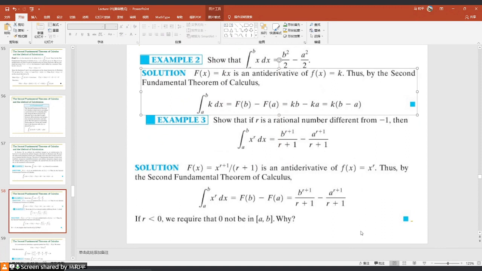No questions, okay? If r is less than 0, we require that 0 not be in [a, b]. Why?